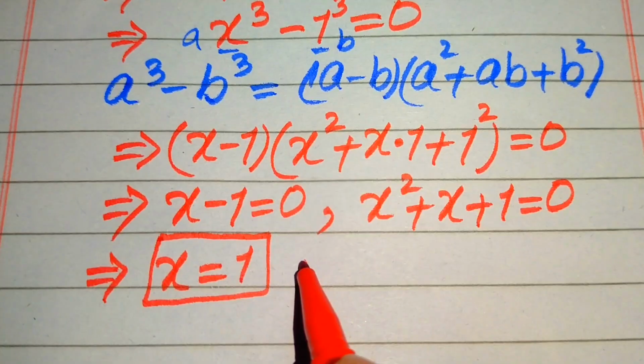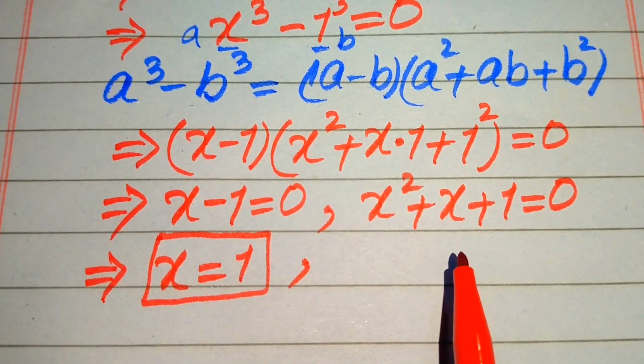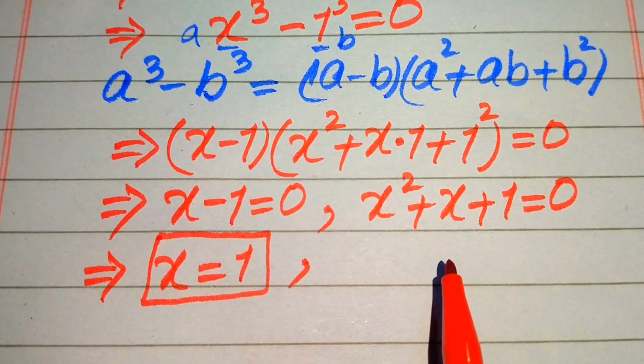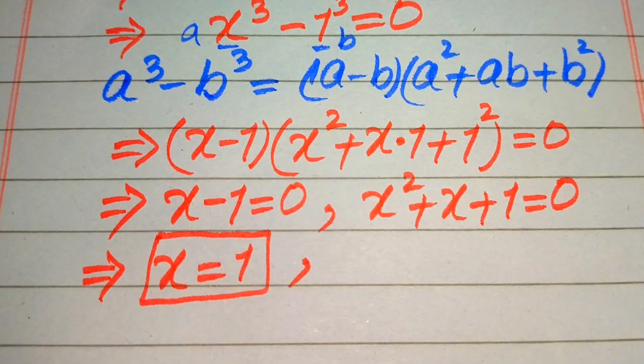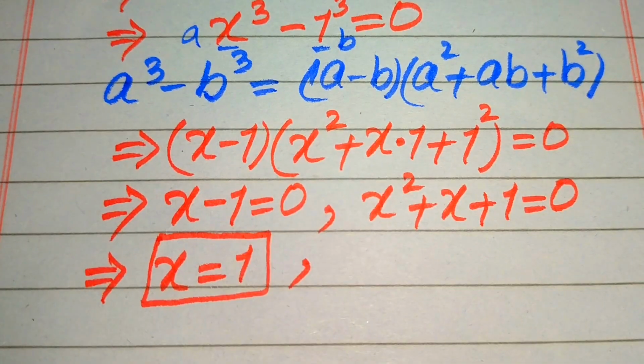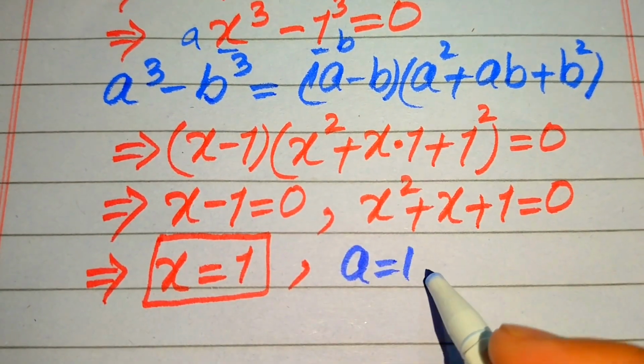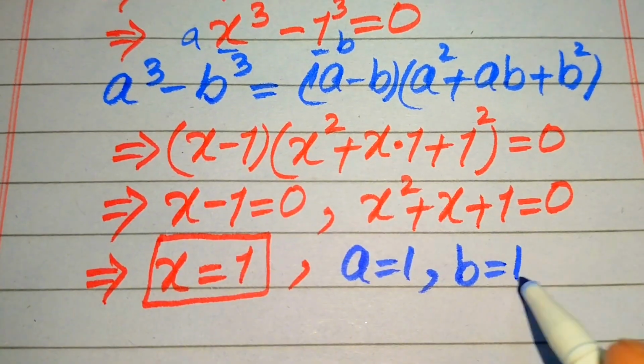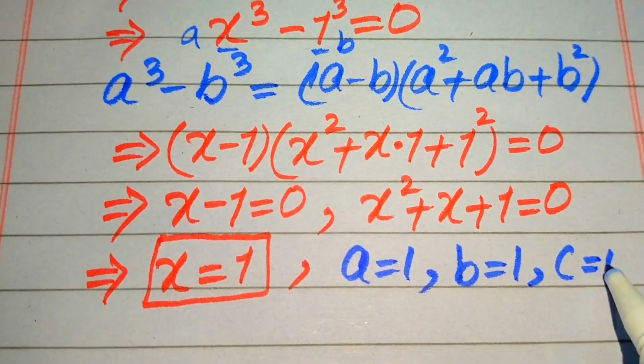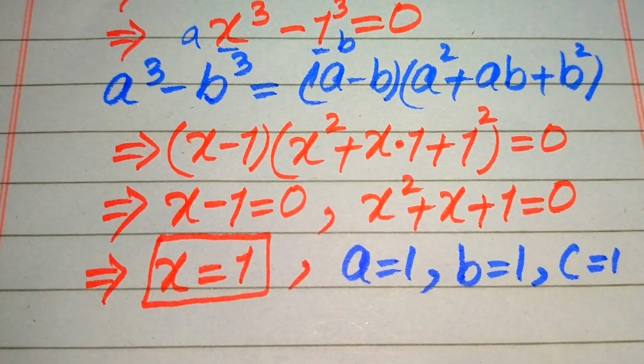Now, in order to get the other roots, we need to solve this quadratic equation using the quadratic formula. First we write the coefficients of this equation: a is equal to 1, b is equal to 1, and c is also equal to 1.